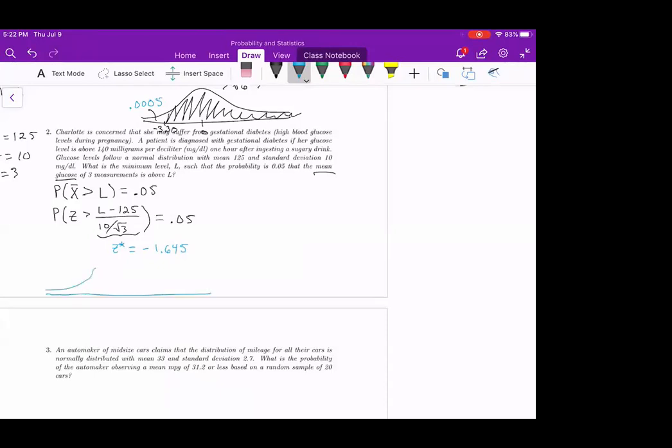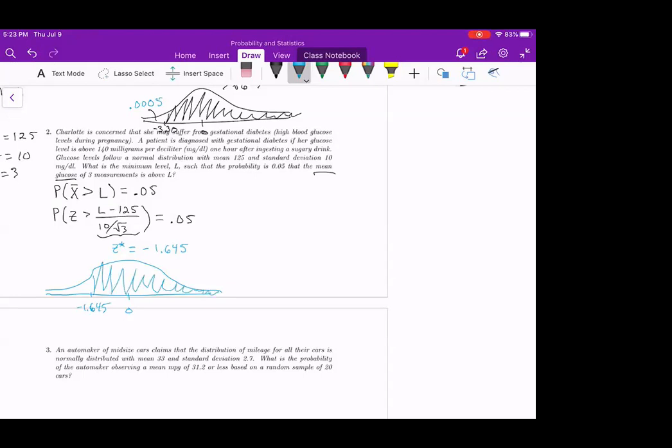Yeah, so if you draw a horrible sketch like mine and you put negative 1.645 here, and that is supposed to be plugged in for that z star, then z greater than that value is all of this area, which is definitely larger than 0.05.